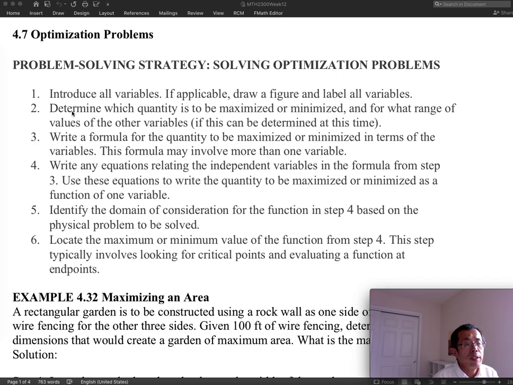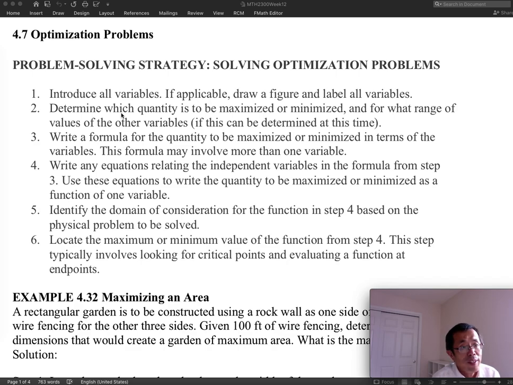And then certainly, step two, you will have to determine which quantity is to be maximized or minimized. Actually, I should have mentioned earlier, an optimization problem usually involves the maximum or minimum of certain quantities. Because many times the best solution is a maximum or minimum.